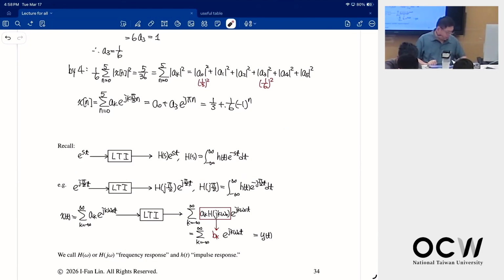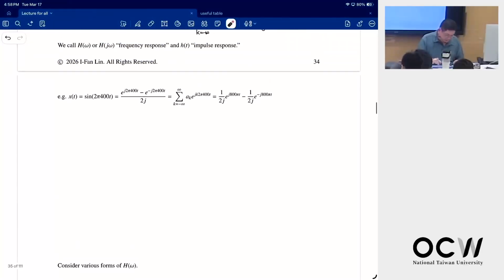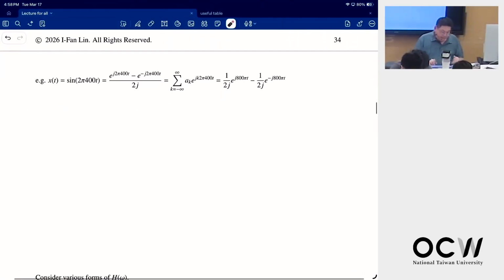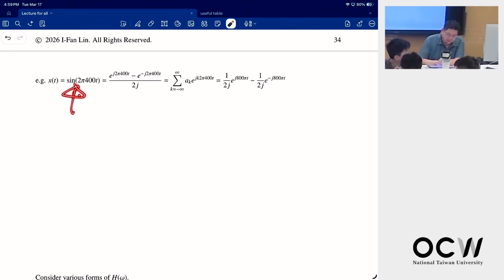All right, today we have to finish 2 more pages. If I have a signal, okay, it's a sine function, I can represent this in complex exponentials. So in the complex exponential, we just have e to the j 800 pi t and also e to the minus j 800 pi t. So what is the fundamental frequency?